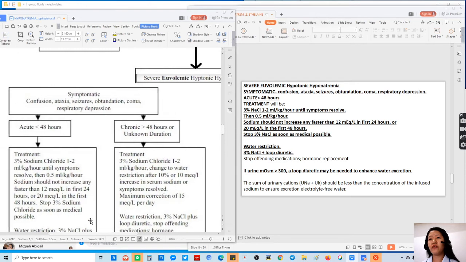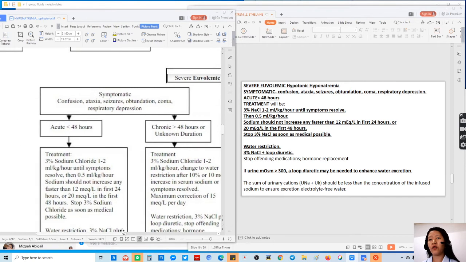Then, if the patient is symptomatic, showing symptoms of confusion, ataxia, seizures, obtundation, coma, respiratory depression, it is acute, meaning within 48 hours.